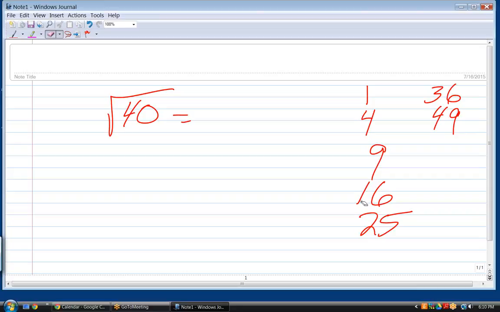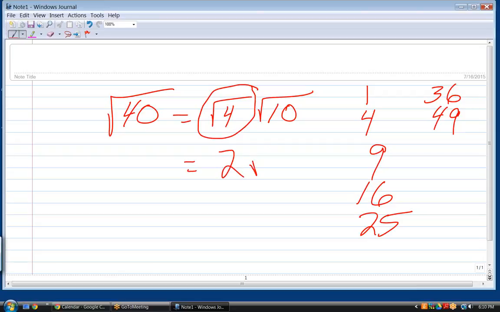Remember, we're looking for two numbers that multiply together to 40. 4 and 10. There you go. So I can write this as the square root of 4 times the square root of 10. And the fact that I have that means I can change that to a 2 with no radical sign. 2 root 10. That's my answer.